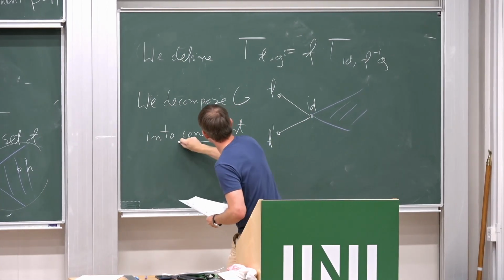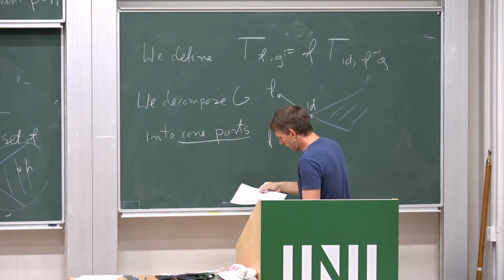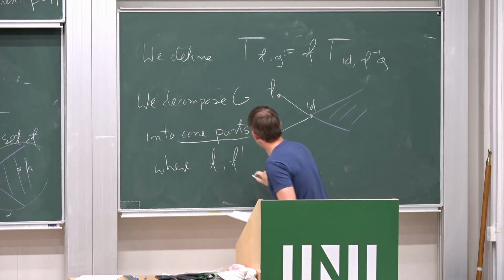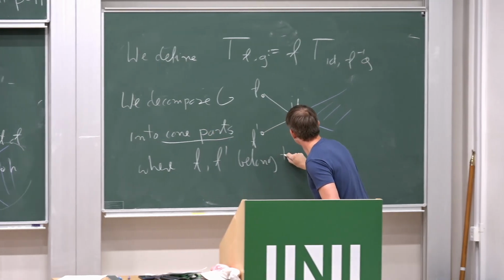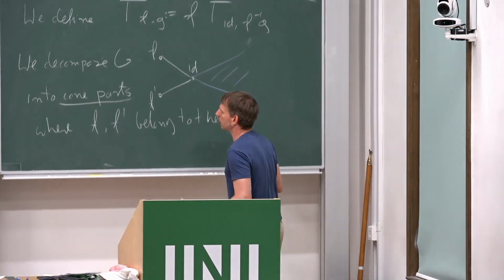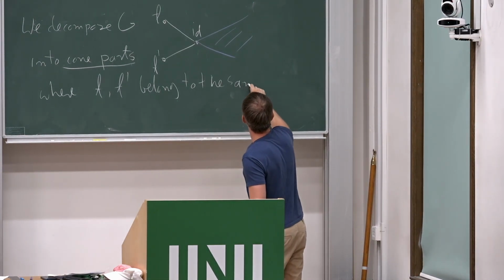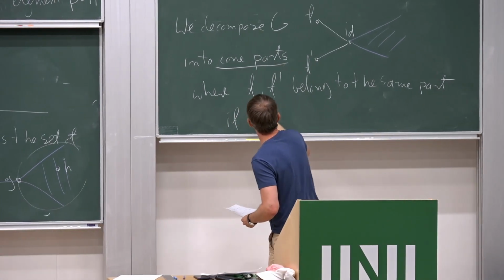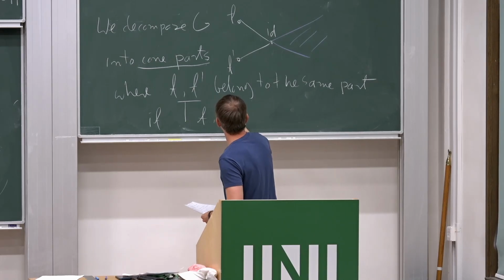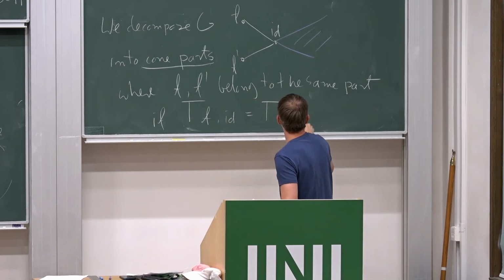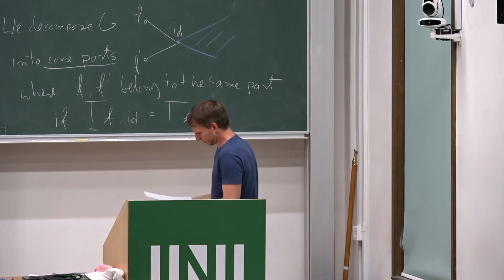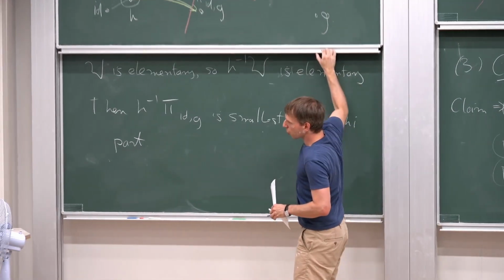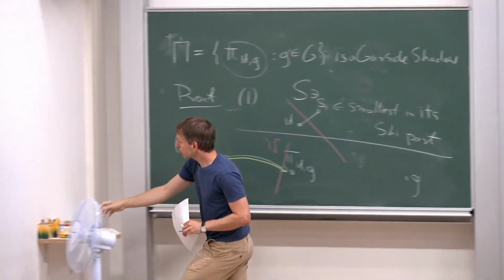Earlier we decomposed into shape parts, now we decompose it into cone parts, where the vertices F and F prime belong to the same part if the cones are the same, if the cone F identity is equal to the cone F prime identity. And it's an exercise that these cone parts have reasonable geometry.